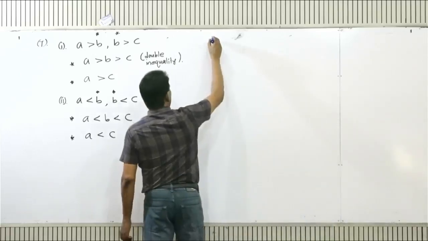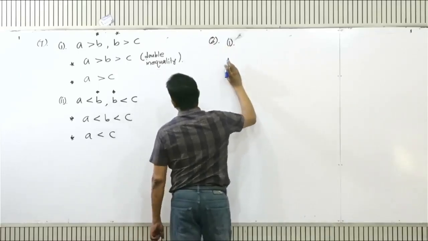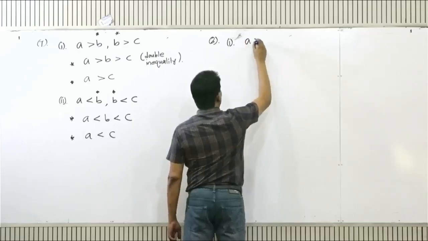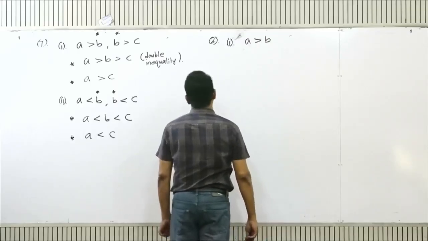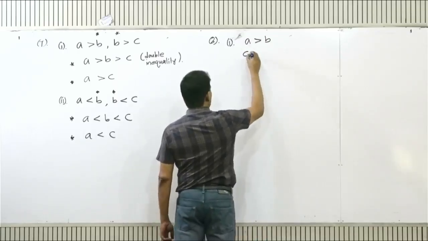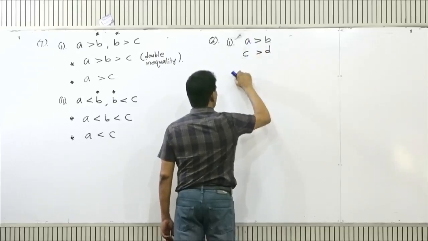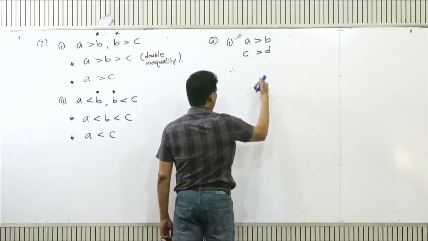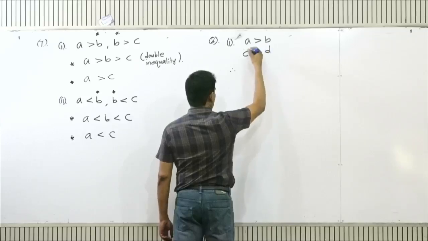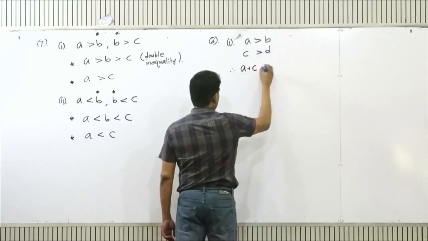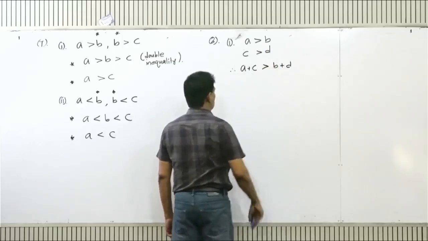Then 8-1. A is greater than B and here C is greater than D. Same inequality mark. Then we can add these two inequalities. If we add these two, then the left hand side is A plus C, the right hand side is B plus D, then the inequality mark does not change.